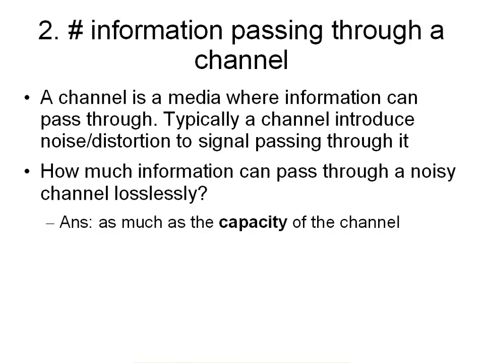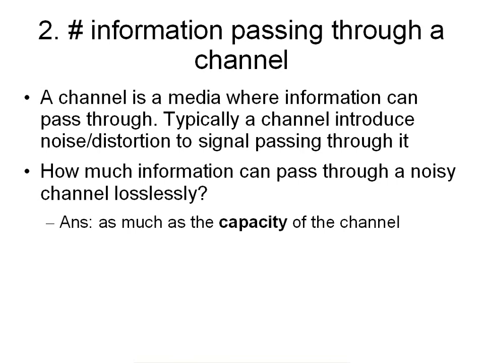But at this moment, let us also look at the second problem briefly. Again, the second problem is how much information we can pass through a channel. It turns out that this problem has a very well-defined solution.